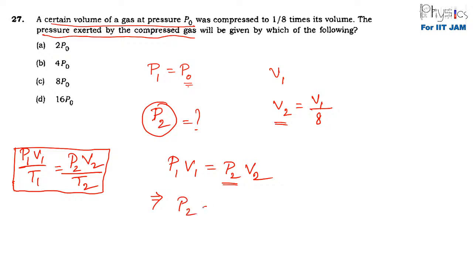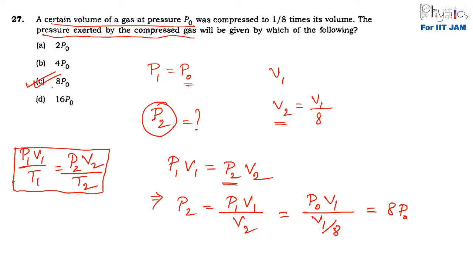P2 is equal to P1 V1 by V2, that is equal to P0 times V1 by V1 by 8, that means 8 P0. So our correct answer is option C, 8 P0. Pooja and Shagoto, your answers are correct.